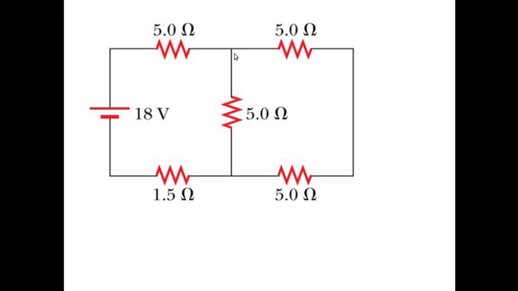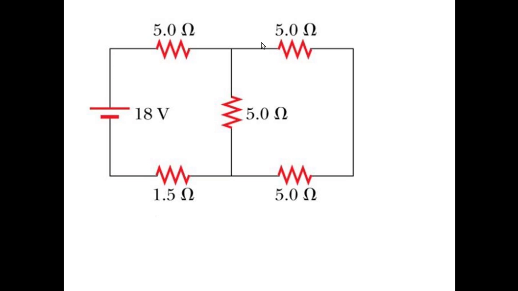If there's anything split by a junction like this, I don't want to combine it just yet, unless they're clearly two or more resistors connected in parallel with no other components. So in this case, I'm looking for some resistors that are connected in series.